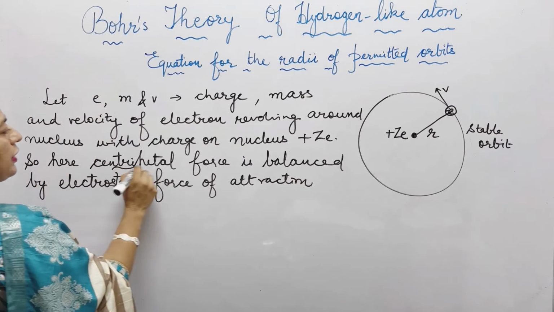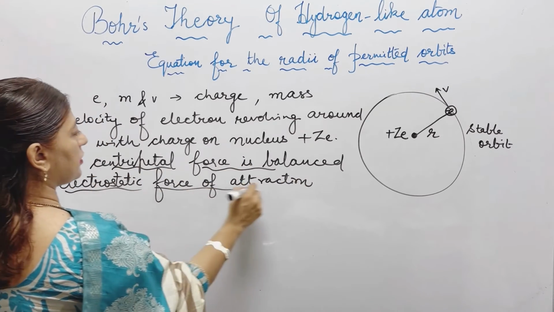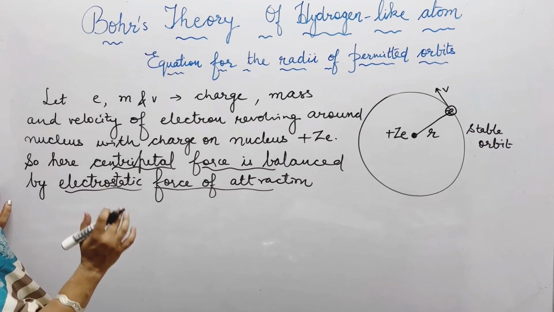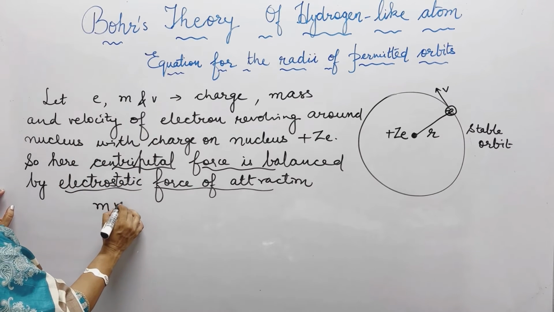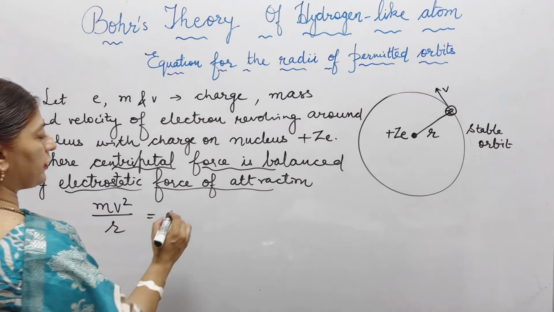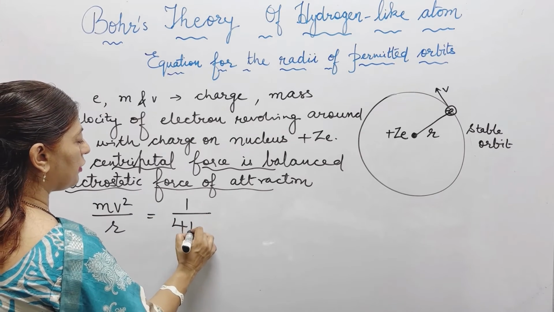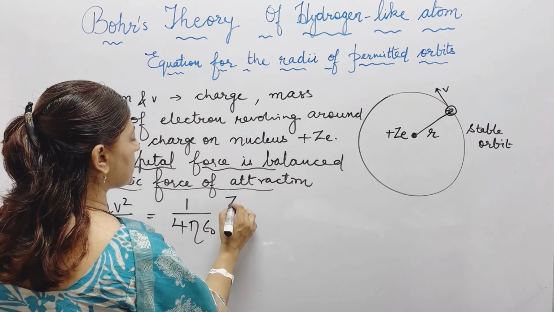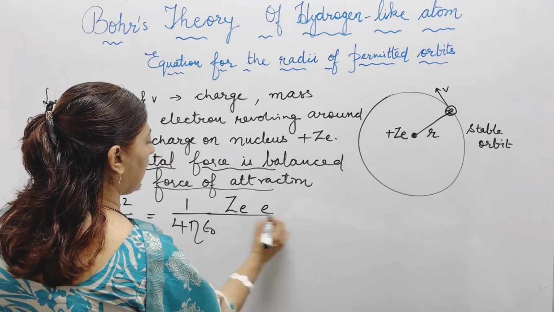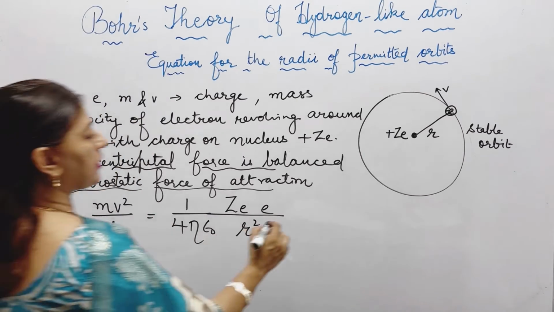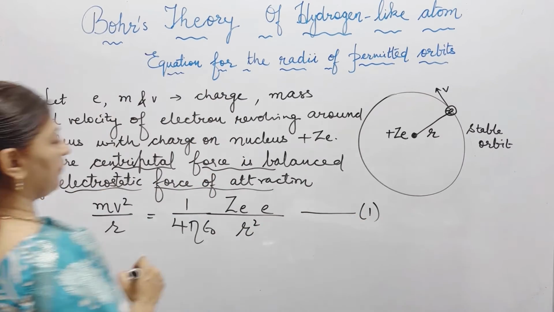So, according to this statement, for this equilibrium, for the stable movement of this electron around the nucleus, we have the centripetal force equal to the electrostatic force of attraction, that is given by Newton's law, 1 by 4 pi epsilon naught, the product of the charges, we are taking the magnitude only, and the distance between them, that is r square. Mark it as equation number 1.